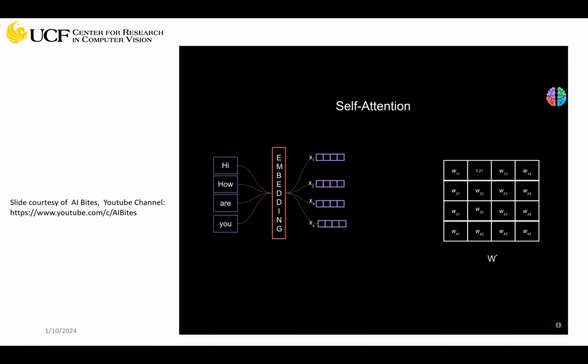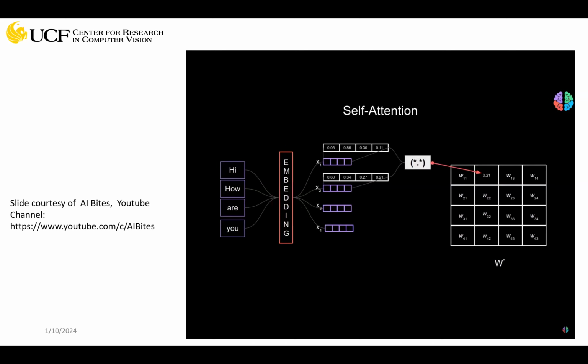The basic idea of self-attention is that we take each word and find a dot product with every other word, including itself. So this will be the dot product of the first token with the first token, the first with the second, the first with the third, the first with the fourth. And the second token with the first, second with second, second with third, fourth.